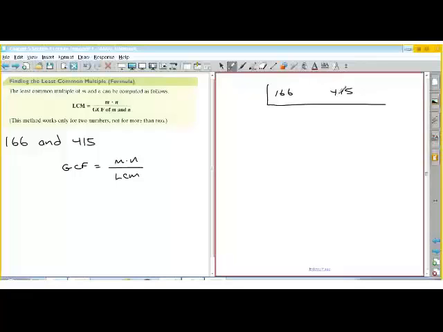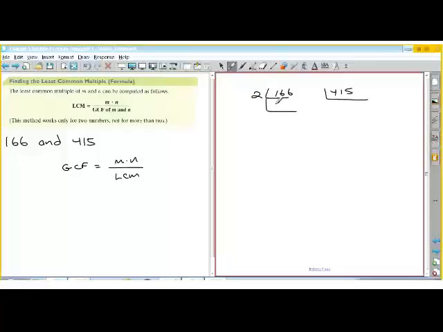You can't divide them by 2 because they're not both even. You can't divide them by 3. You can't divide them by 5. What can you divide them by? Well, maybe this method is not the best way because it's hard to find, so I'm going to do it the other way.